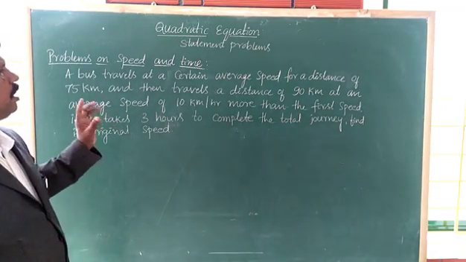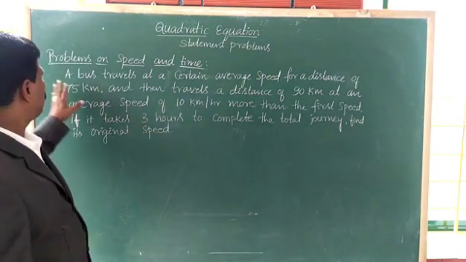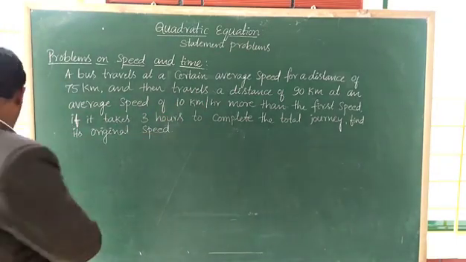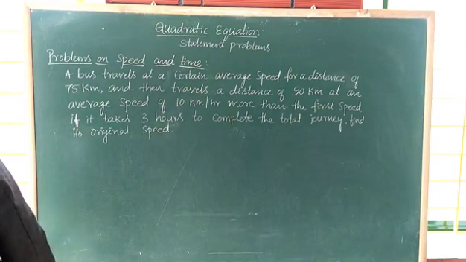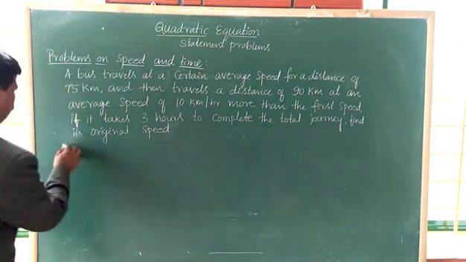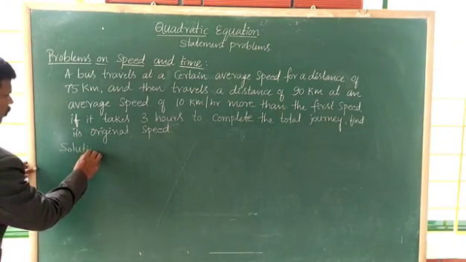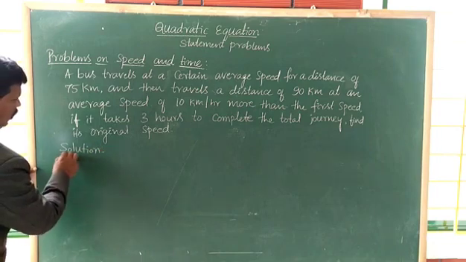Clear? Now here a bus travels at a certain average speed to cover a distance of 75 km. Here, two things. One is 75 kilometers, that is a distance. Solution.